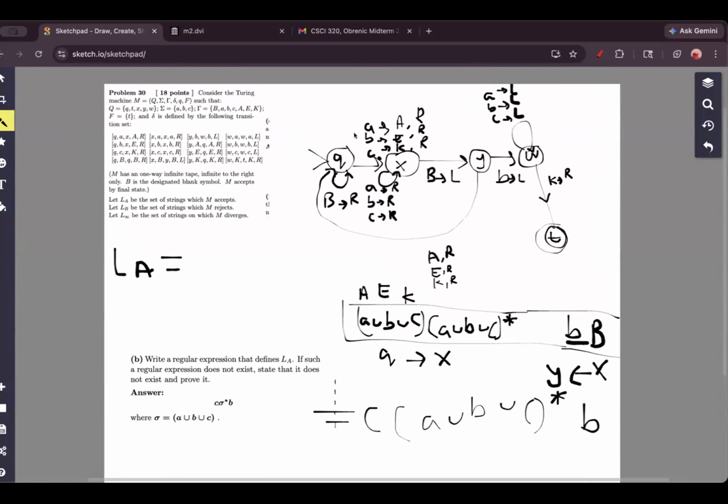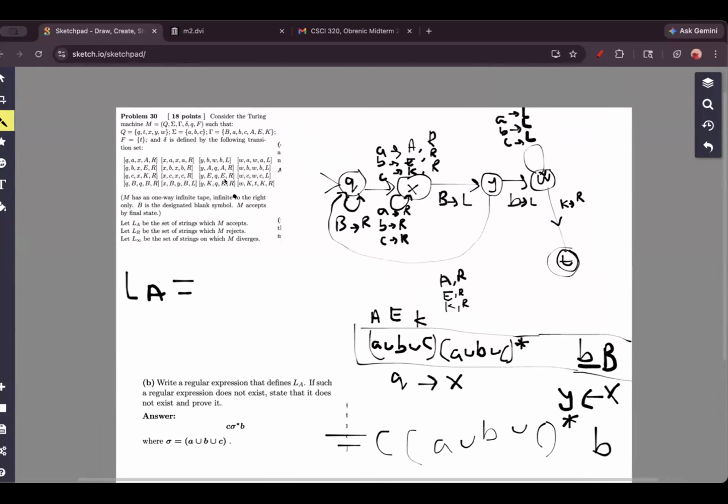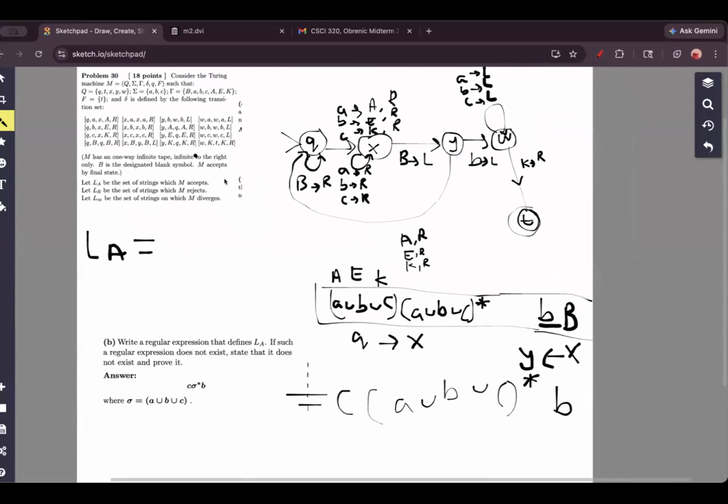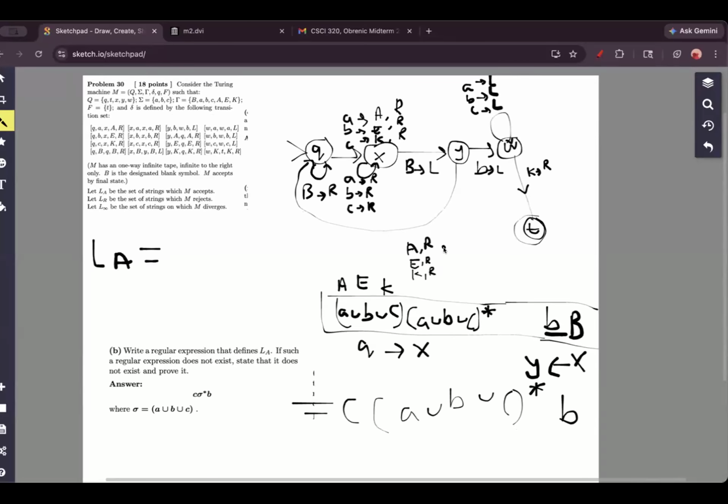Okay, I'm in Q, and then I never turn left in Q. Oh, are you talking about the K right here? So we went from A or B or C, A or B or C star, and then B to the blank. And then you said the answer was C, A or B or C star, B. Where does the C come from? Isn't it supposed to be before B?